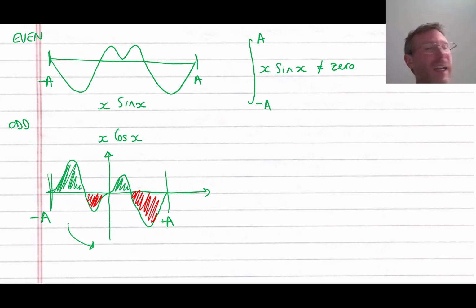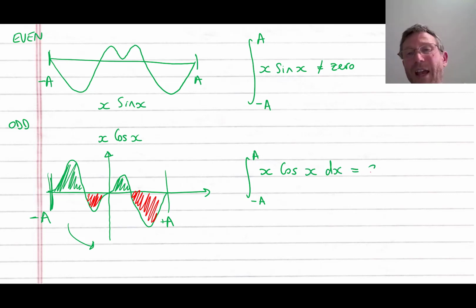So here's the key point: if we integrate an odd function over two symmetric points about the y-axis, equal distance apart from the y-axis, this ends up being equal to 0. If we integrate that from minus to plus infinity, we would get a 0 in here. So the areas on each side of the y-axis cancel.